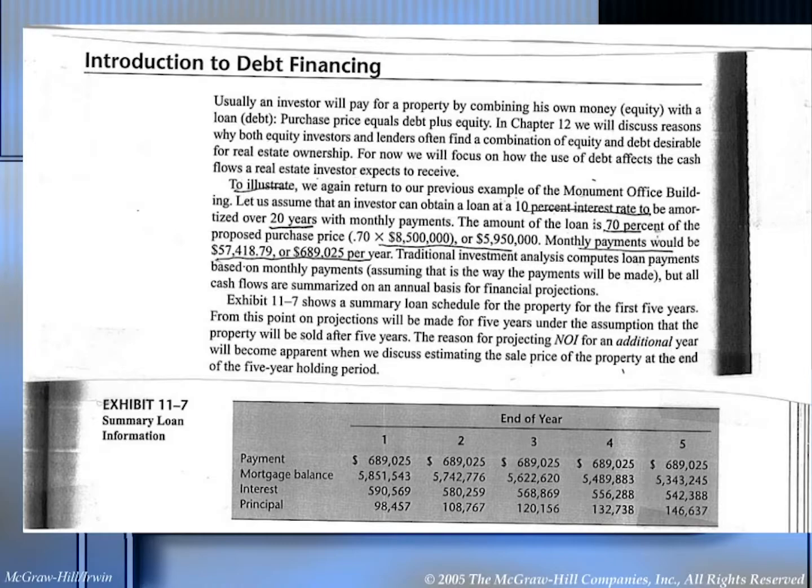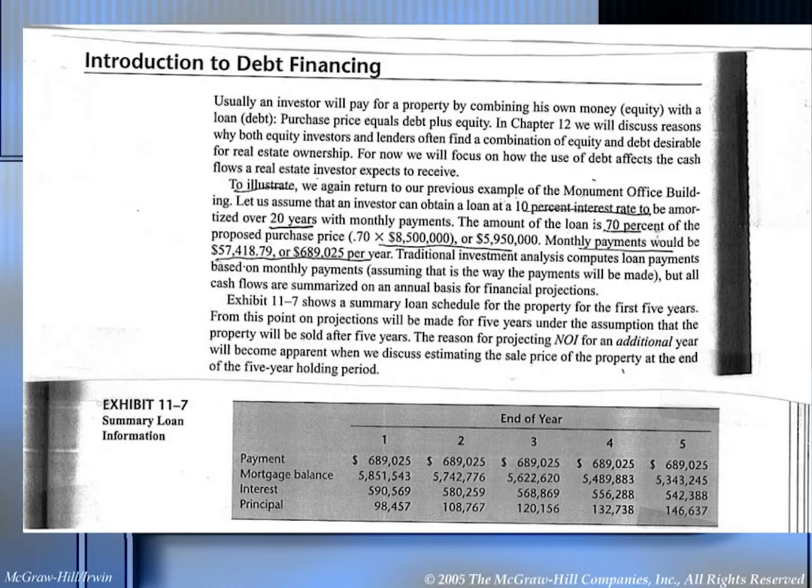Then the difference between those, almost $100,000, $98,457, is the amount of principal that we paid down. So that goes into the principal. And then if we know our payment was $689,025 and the principal was $98,457, then the difference between those must be the interest we paid, which it is $590,569.